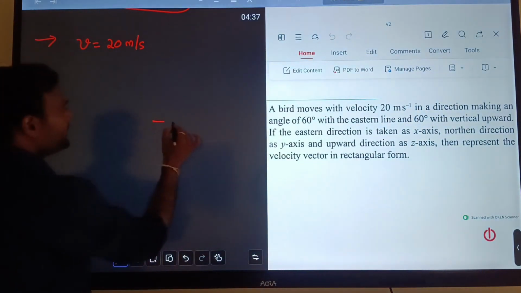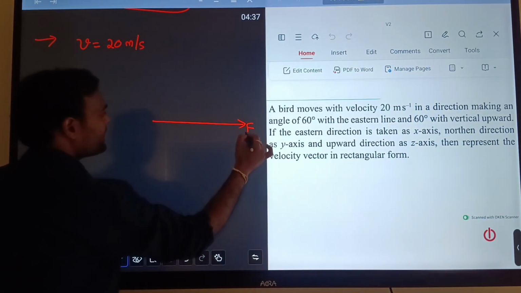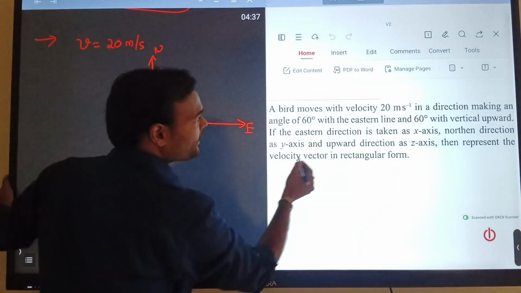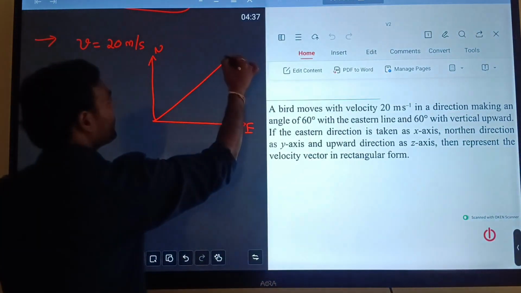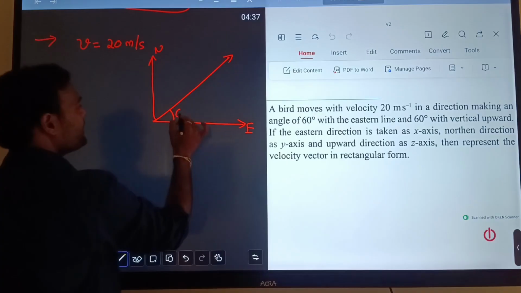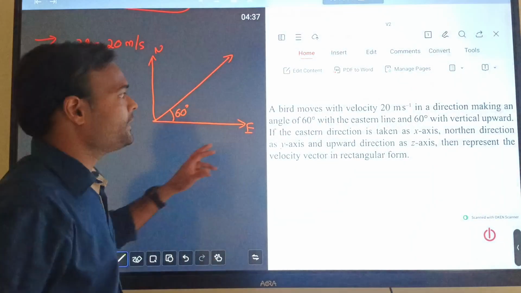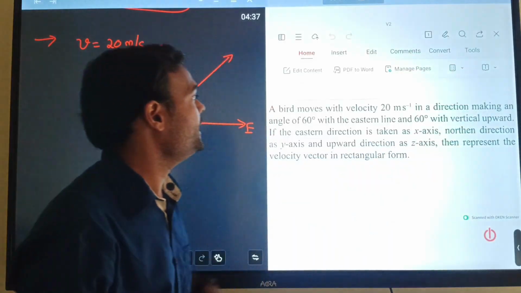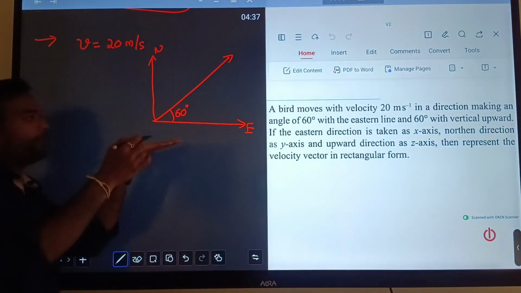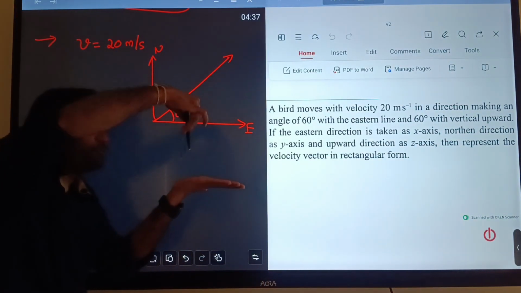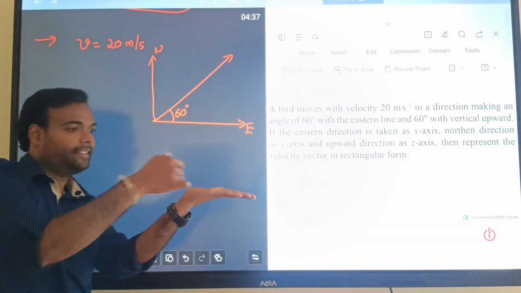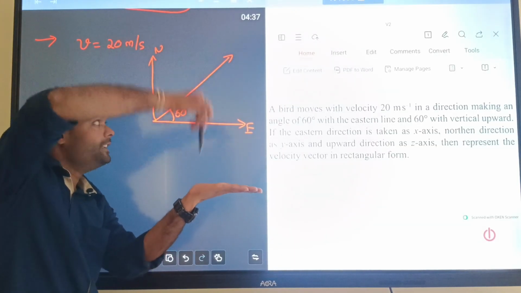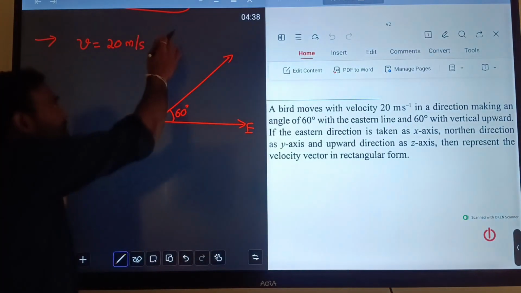Let us assume this is the eastern line, this is the northern line, and it is making 60 degrees with the eastern line and 60 degrees with the vertically upward direction. This is the east direction, this is the north direction, this is the upward direction.